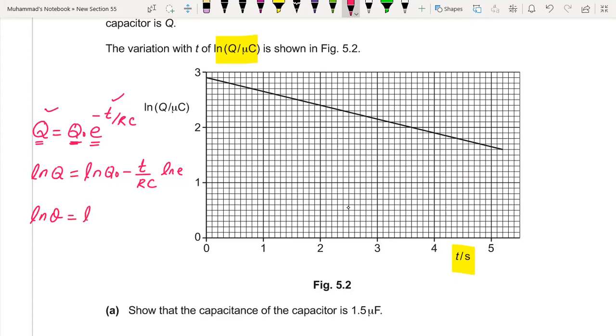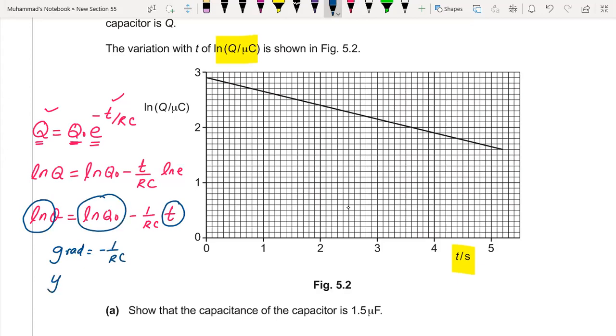So ln Q is ln Q naught minus 1 over RC into T. So you can compare with the equation of straight line that this is along x-axis, this is along y-axis. So gradient is minus 1 over RC and y-intercept is ln Q naught.